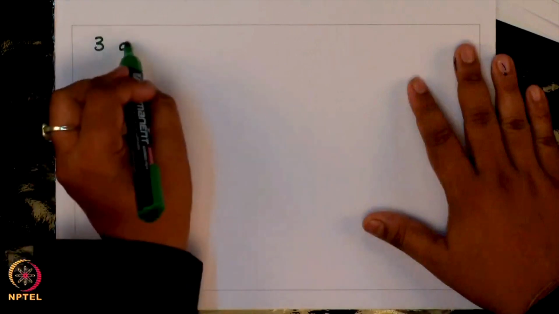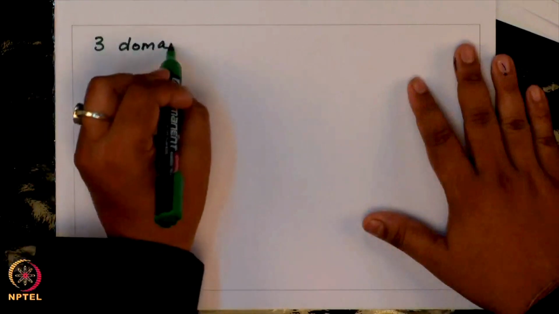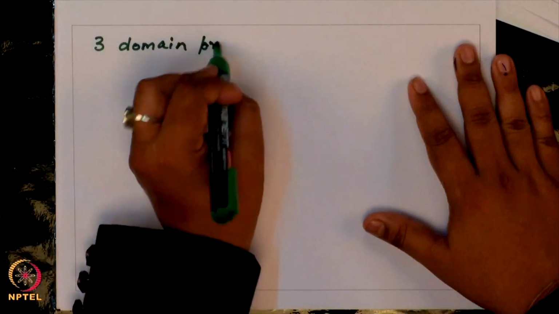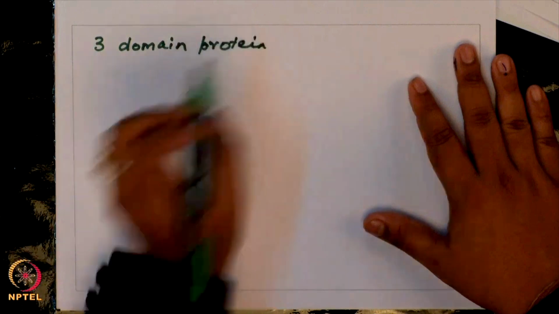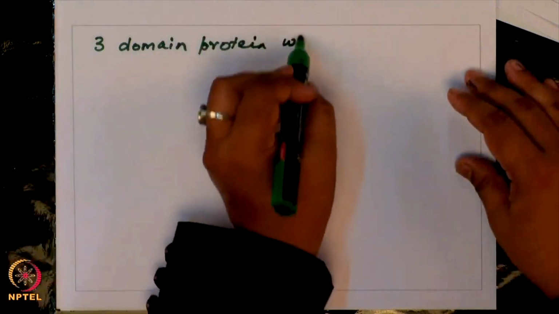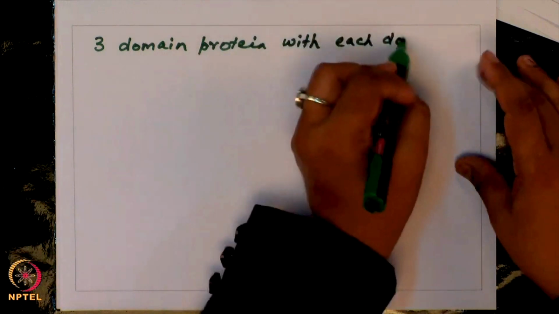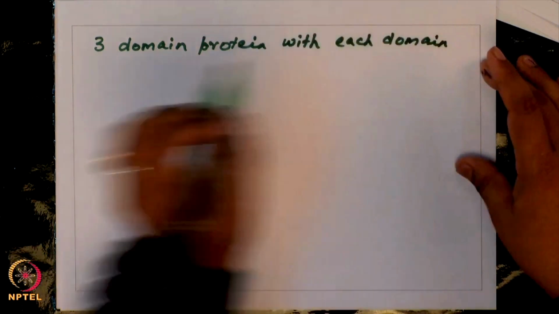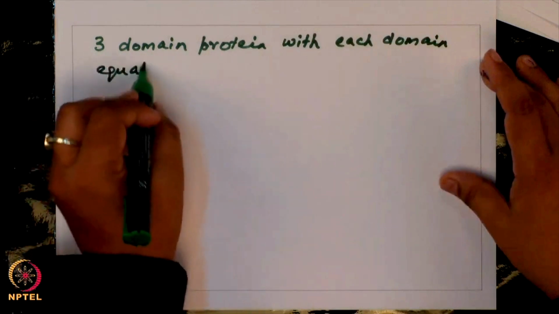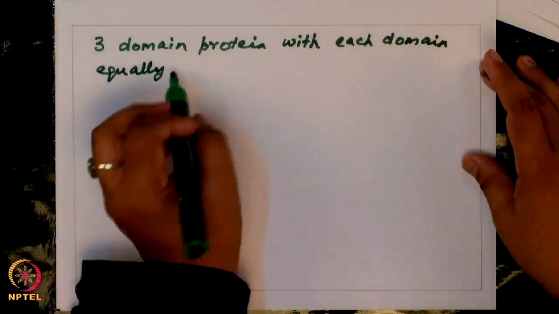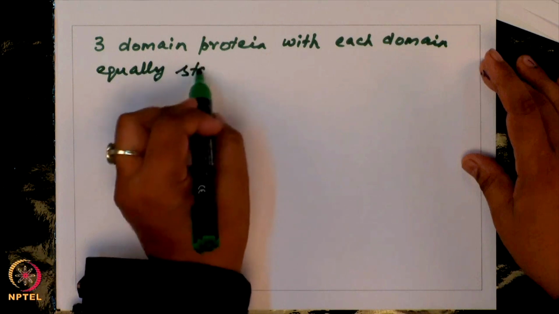Let us take the simplest case. You have a 3 domain protein, with each domain equally stable.